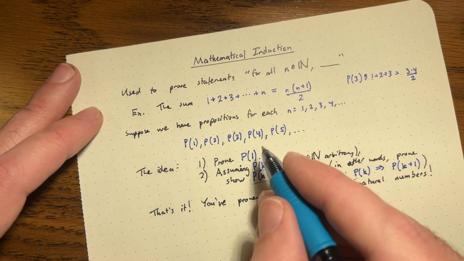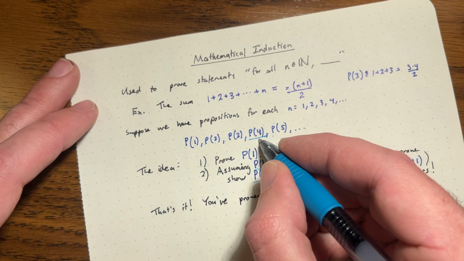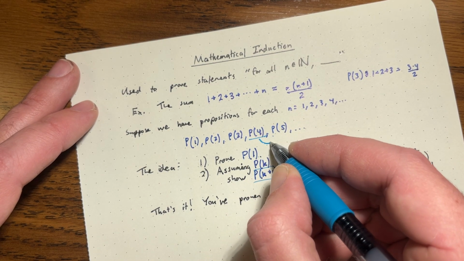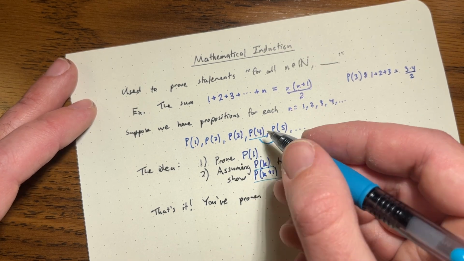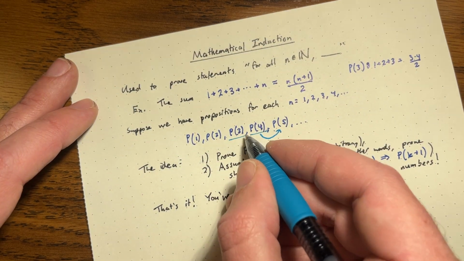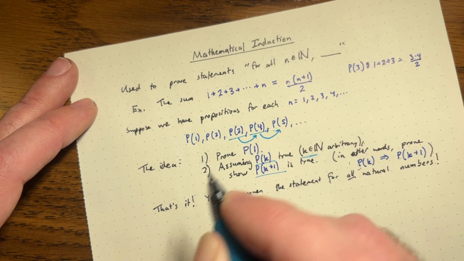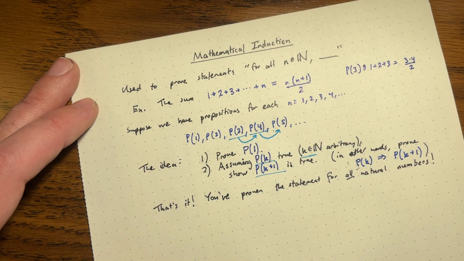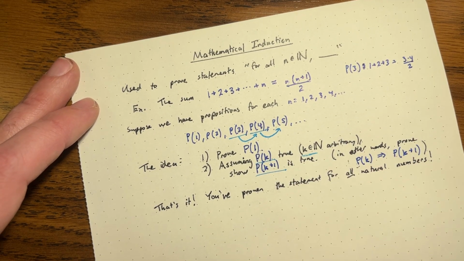So for example, in this chain, assuming P of 4 is true, we don't know if it is or not, but if it is, we were able to prove P of 5 is true. But is P of 4 true? I don't know. But assuming P of 3 is true, we can prove P of 4 is true. And then that would prove that P of 5 is true, and then P of 6 is true, and P of 7 is true.